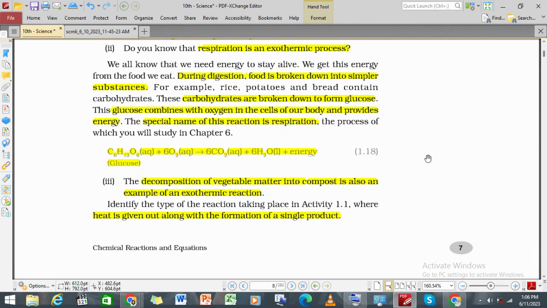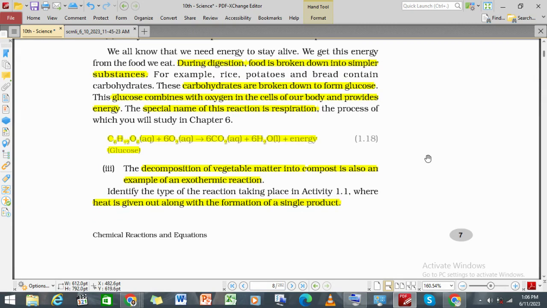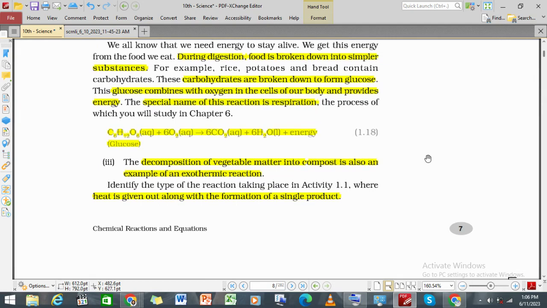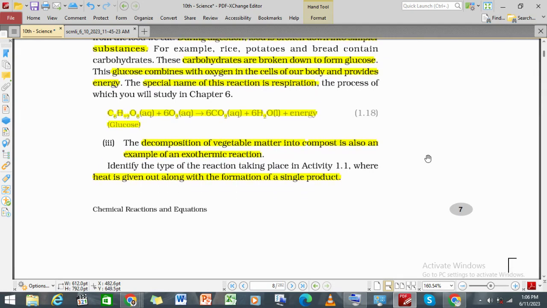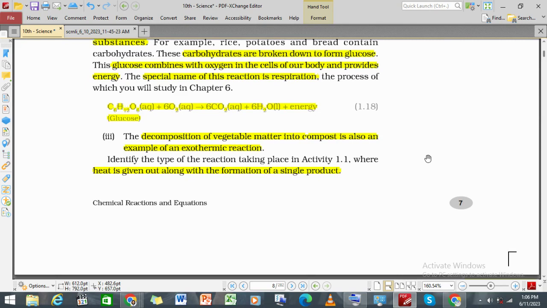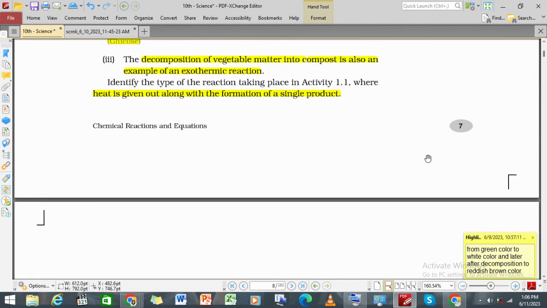The glucose combines with oxygen in the cells of our body and provides energy. The specific name of this reaction is respiration. Here glucose, C6H12O6, is added with oxygen, and it gives out 6CO2 plus 6H2O plus energy. That means carbon dioxide has been formed, H2O has been formed, and energy has been released. All right.